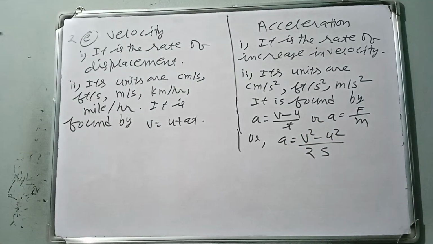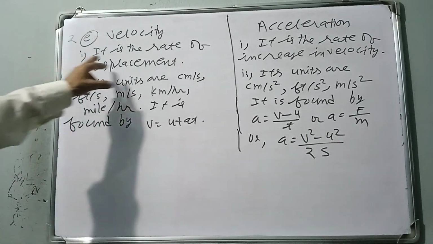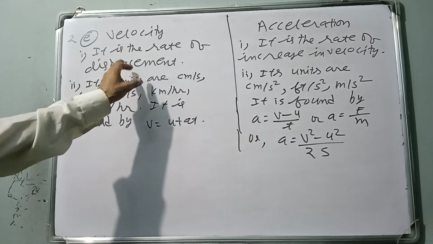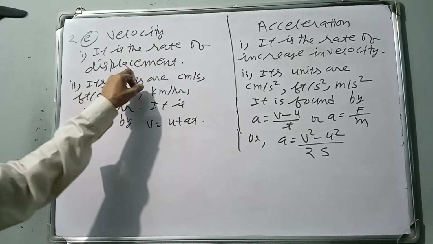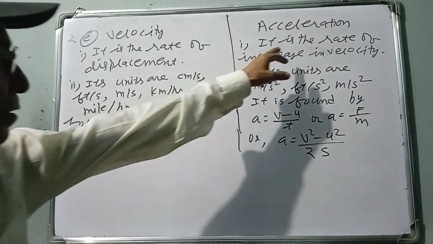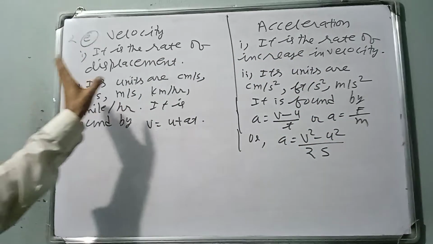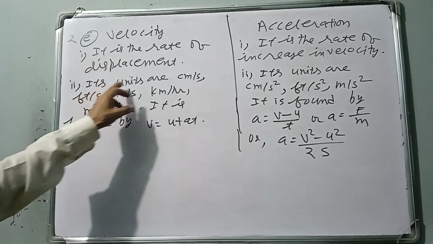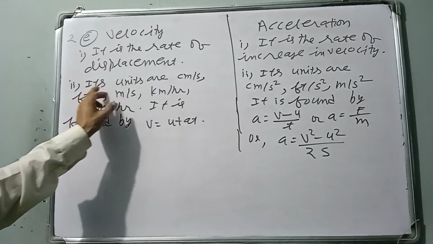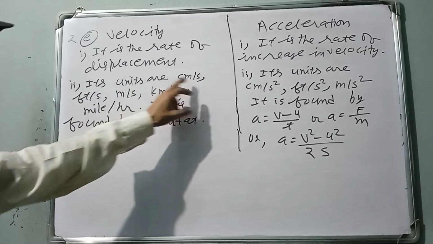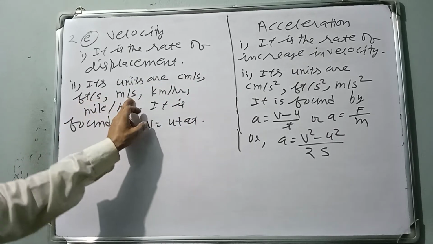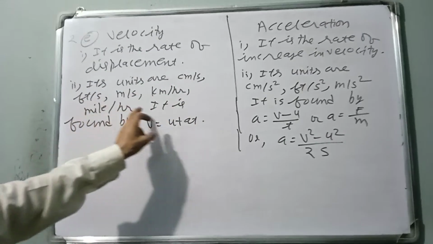is not given. Formula definition: velocity is the rate of displacement, acceleration is the rate of increase in velocity. Both are vector quantities. You don't need to write. Its units are centimeter per second, feet per second, meter per second, kilometer per hour, mile per hour.